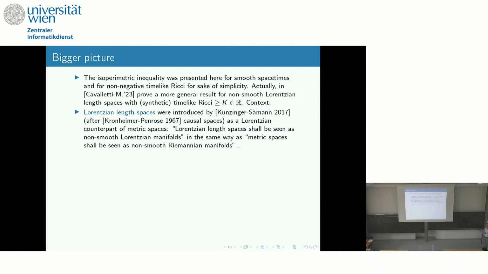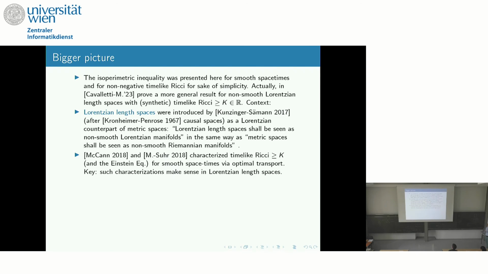These Lorentzian length spaces were introduced by Kunzinger and Sämann in 2017, after work of Kronheimer and Penrose in the 60s on causal spaces. And these are the Lorentzian counterpart of metric spaces. Basically, a Lorentzian length space shall be seen as a non-smooth Lorentzian manifold, in the same way as a metric space shall be seen as a non-smooth Riemannian manifold.